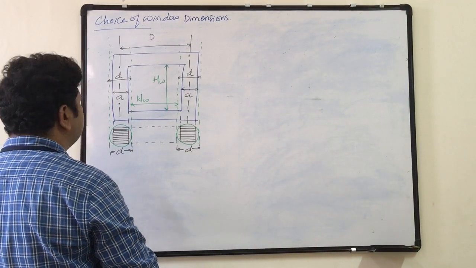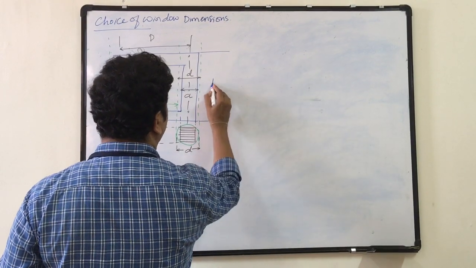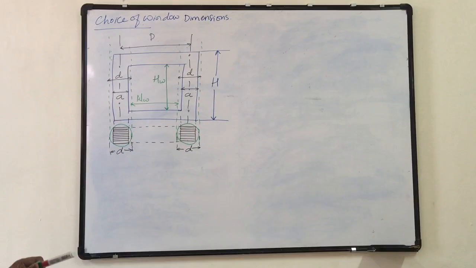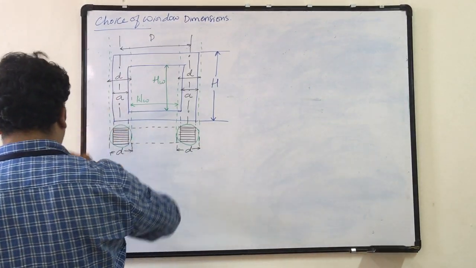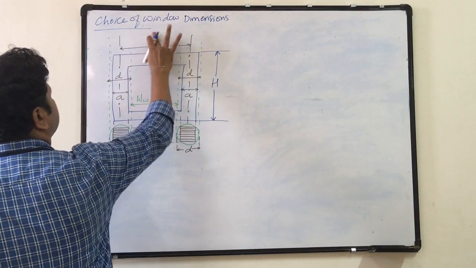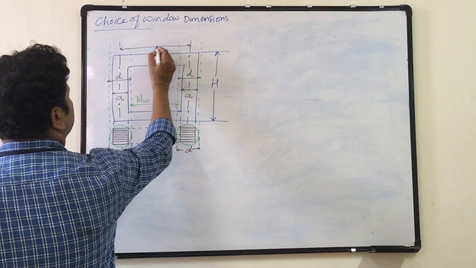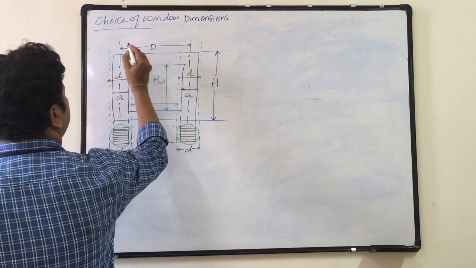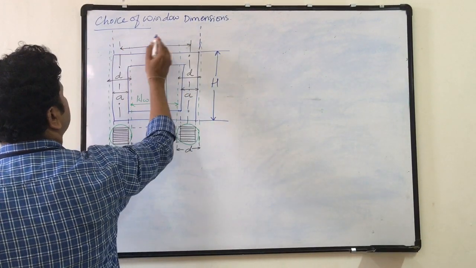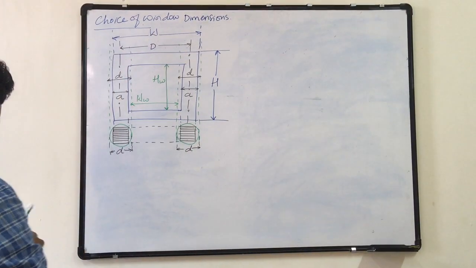Now, with this, I get the overall dimension of the transformer. This is the overall height, and this is the overall width of the transformer.